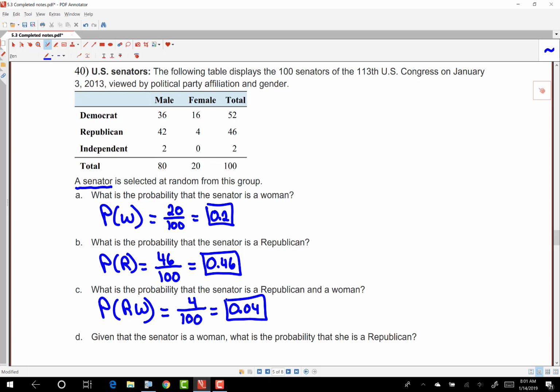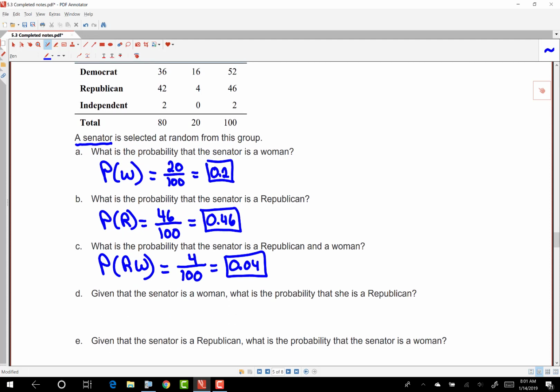Okay, now starting with part D, we've got some conditional probability. And it can be worded differently. Notice here it says, given that the senator is a woman, what is the probability that she is a Republican? That could also be worded as, what is the probability of a Republican given it is a female?